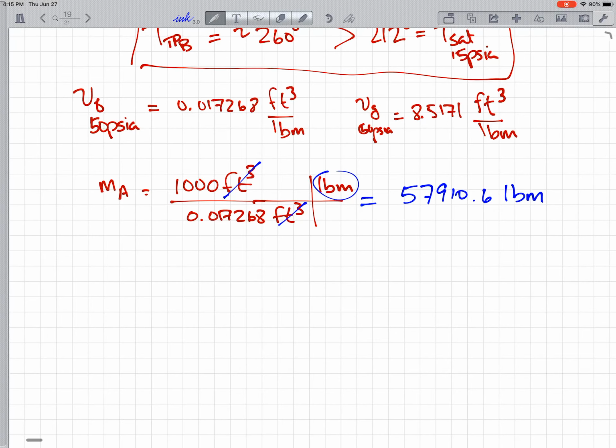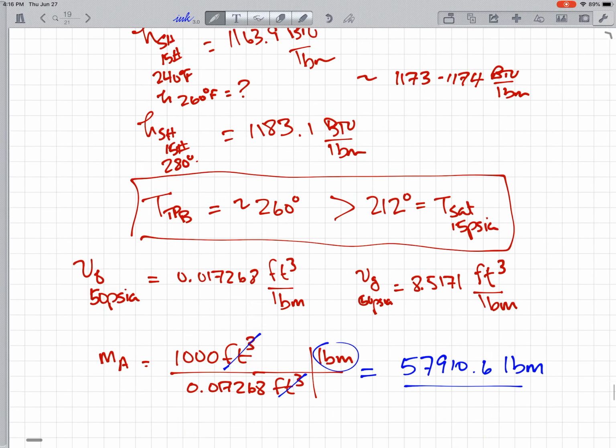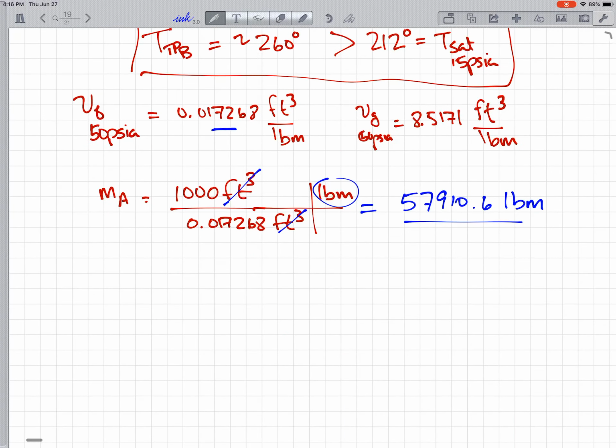Now, I want you to think about this. It's going to be a much bigger number than the steam, because the steam takes up so much more space in B. So this can lose 100 pounds. It'll be 57,810.6 pounds mass.